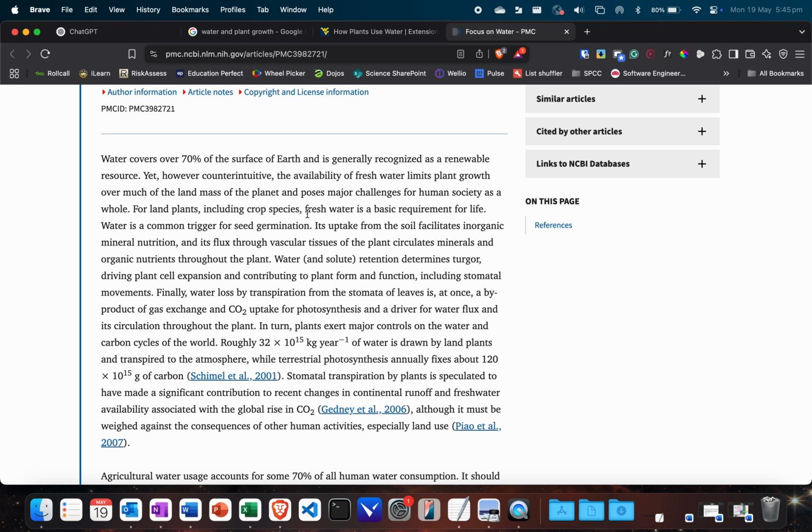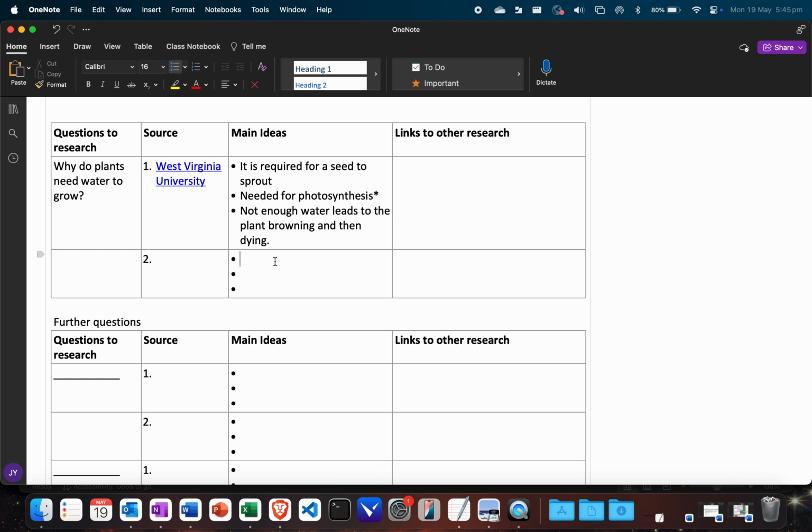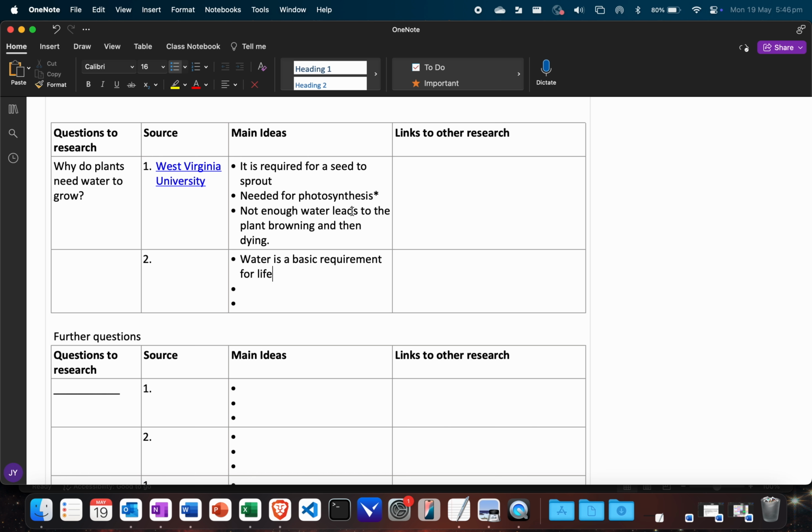Okay, I understand that. Fresh water is a basic requirement for these plants. Okay, so I can put that in. So water is a basic requirement for life. Okay, that makes sense.